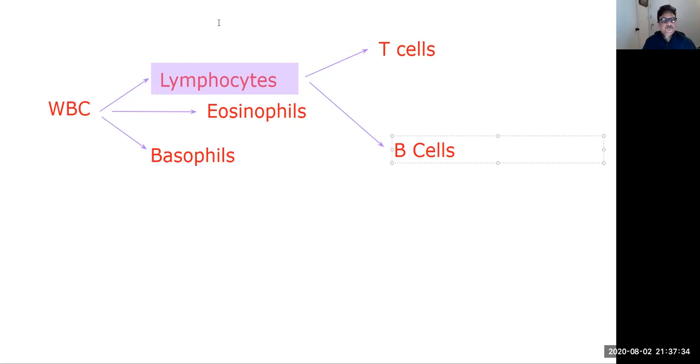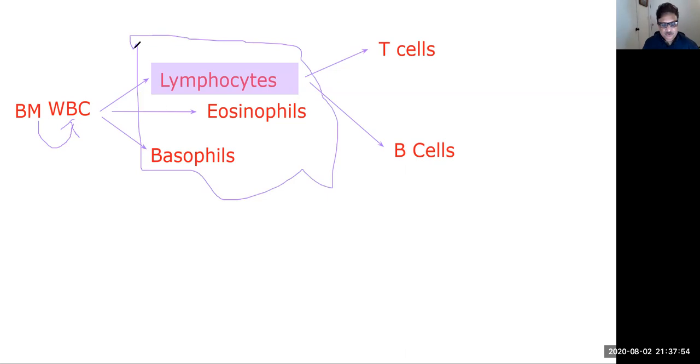That, to start with, there is bone marrow, then bone marrow gives rise to WBC, right? WBC has many components, but for this class, let's focus on lymphocytes, and lymphocytes give rise to two populations of cells.